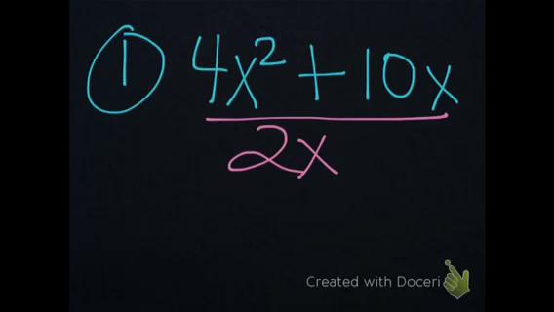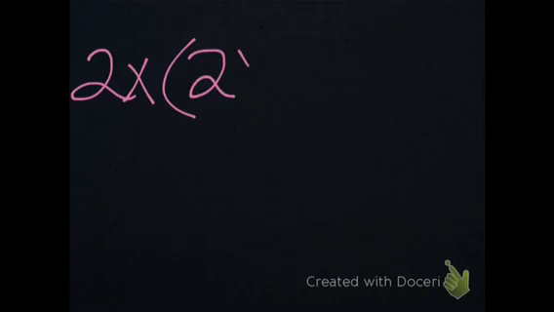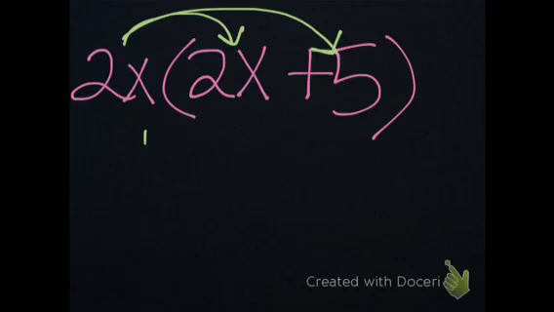Now that we know that the greatest common factor is 2x, we will want to divide our problem by our GCF. Make sure that we remember to put the GCF on the outside of the parentheses. Our final step for this equation is to make sure once we FOIL it that we will get the same answer that we started with.